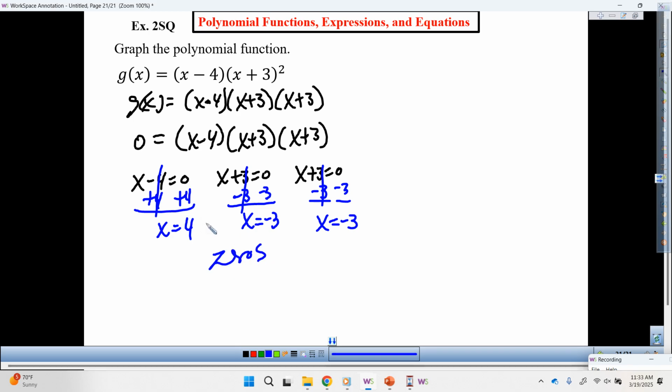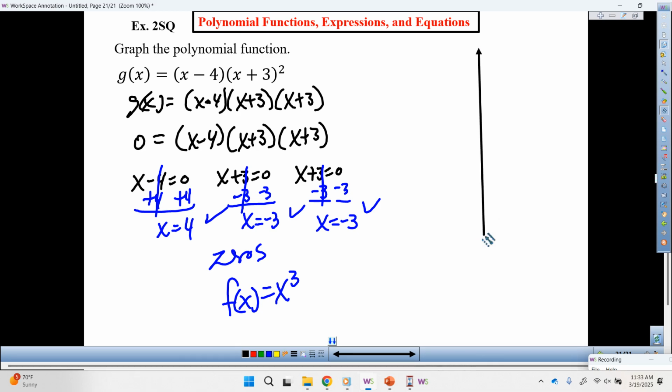How many x's are there? 3, so they come from the parent function f of x equals x cubed. Get a coordinate plane on the side. Now let me show you, this one's a little bit different. Writing utensils down, look up to the screen.